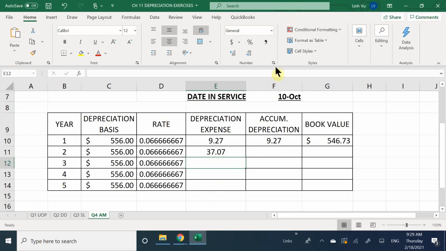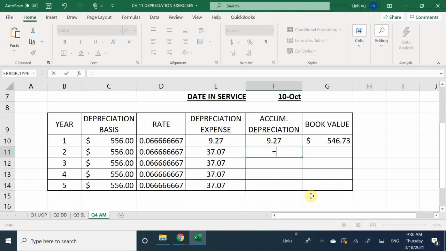And because we know this is for the whole year, and we know that straight line is the same, it's going to be like this for the rest of its life until you reach the end.